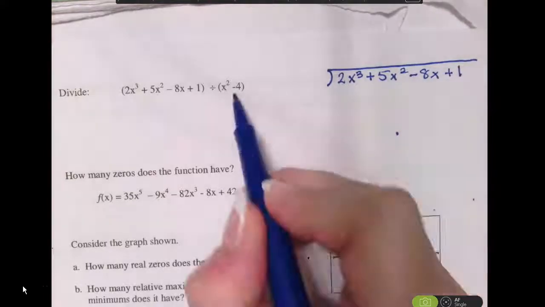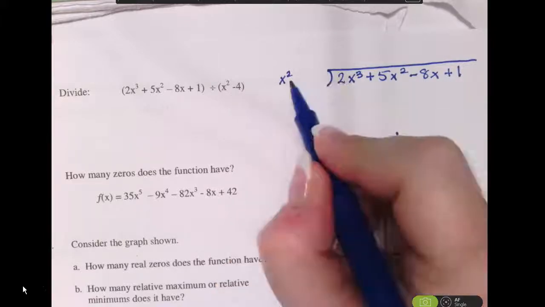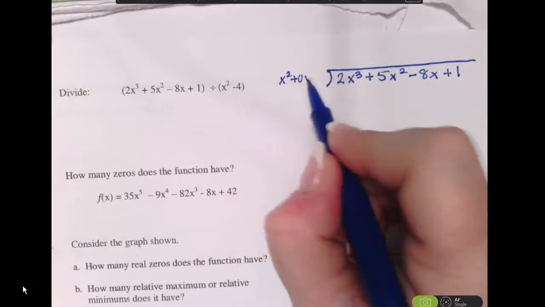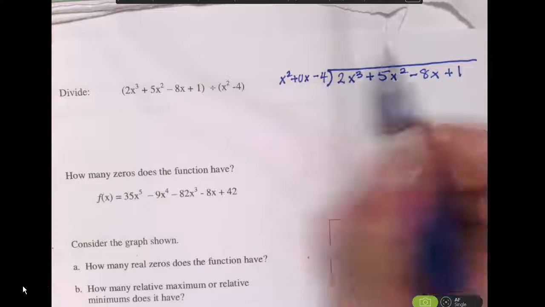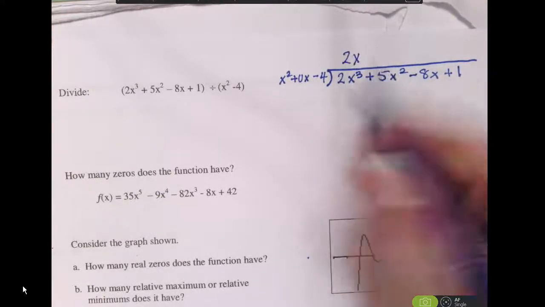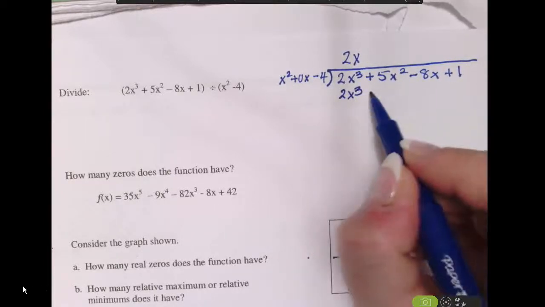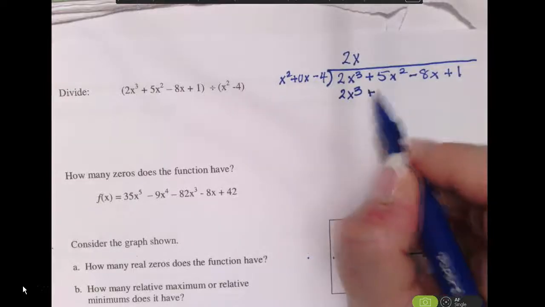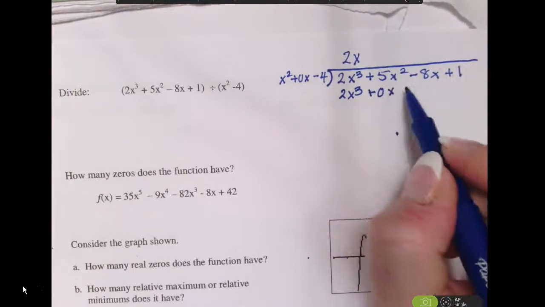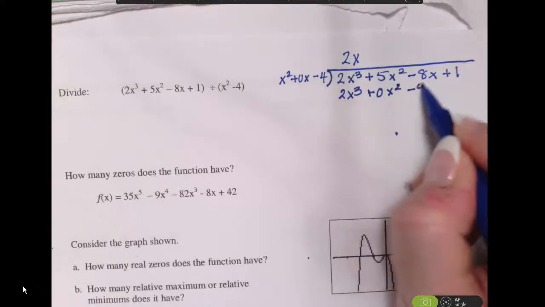Yes. Are we in descending order of the variable with our divisor? No, I need to have a placeholder. So x squared into 2x cubed is 2x. 2x times x squared is 2x cubed. 2x times 0 is 0x squared. 2x times minus 4 is minus 8x.